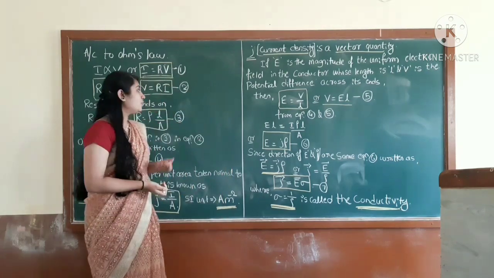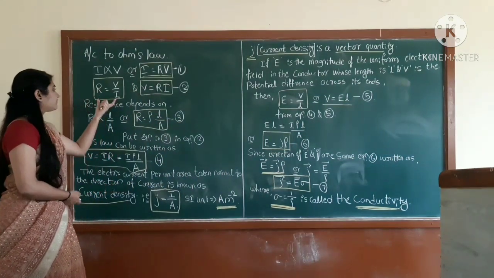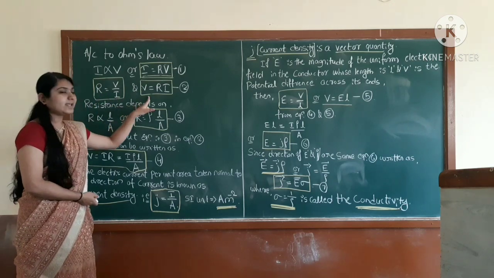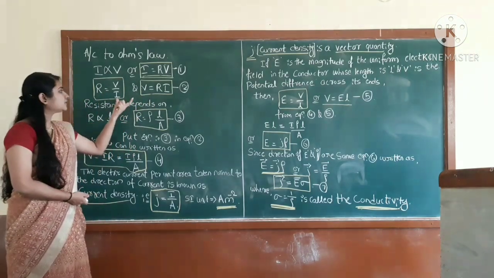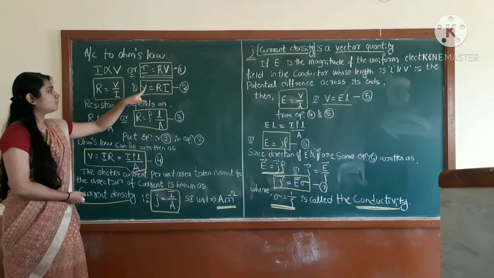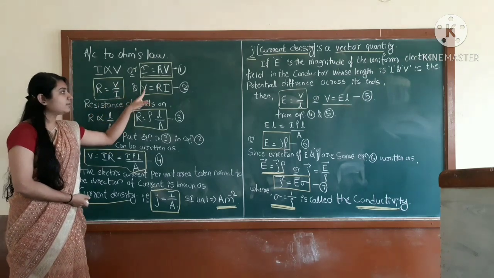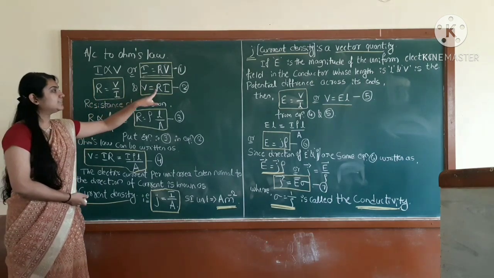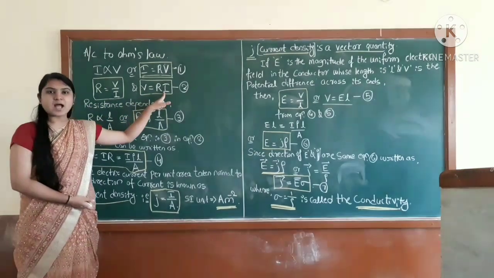Then by using this formula I can write it like this, correct? V, I took to the left side and this I goes to the R side. V is equal to R into I.